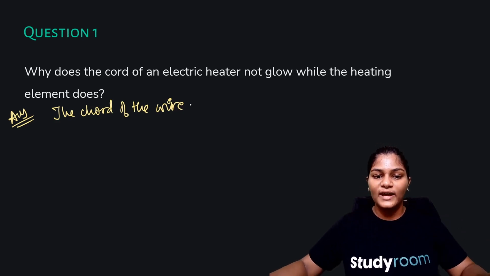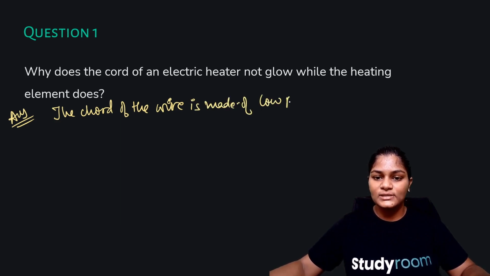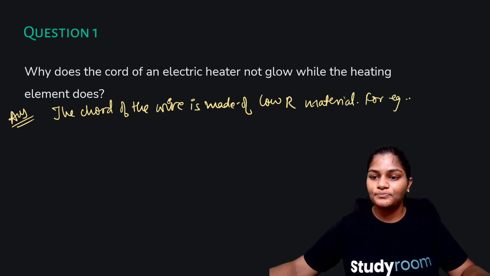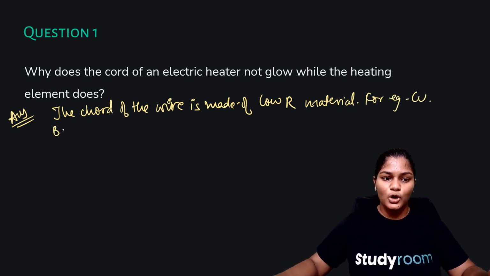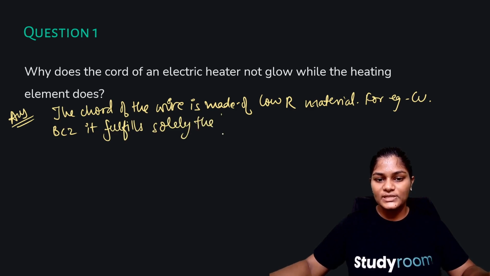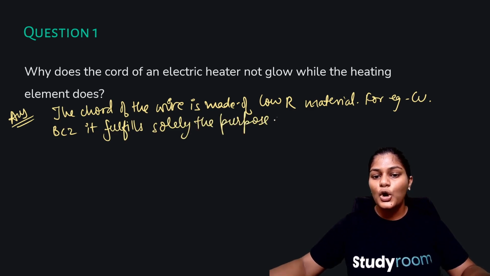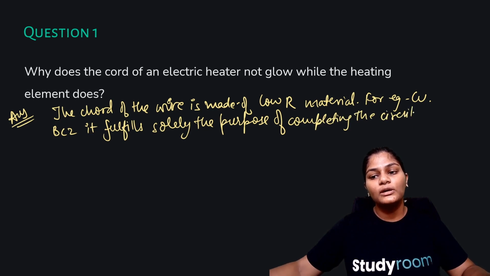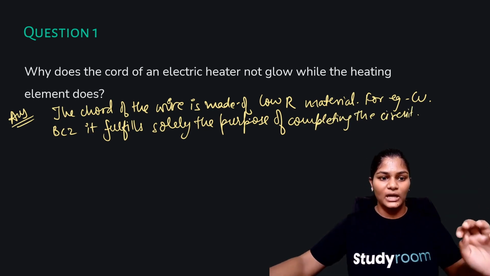So we write, the cord of the wire is made of low resistance material, for example copper, because it fulfills solely the purpose of completing the circuit, right? Or you can also write connecting the element to the source of electricity or power, which is the plug.